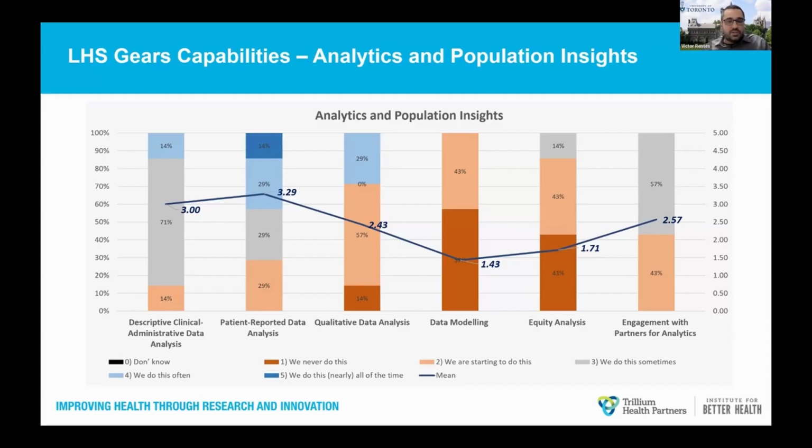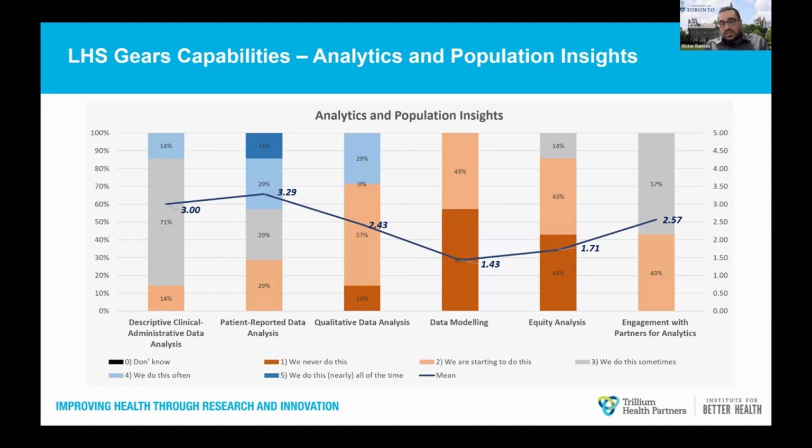And then the colors illustrate the variability of answers, right? Typically it indicates the percentage of respondents who indicated each response type. So red, let's just say, to simplify, red is typically bad, we're never doing this, and blue is good, we're doing this more often, right?